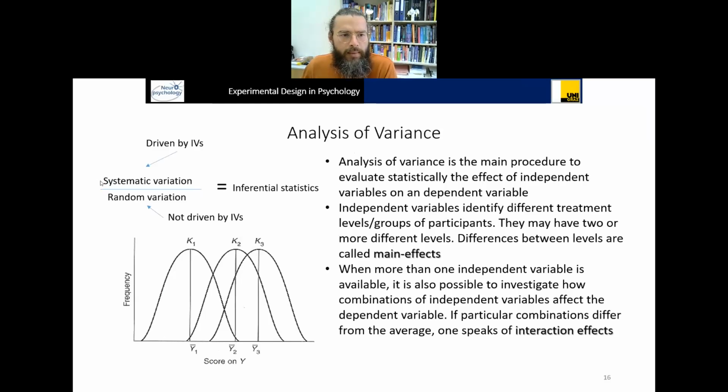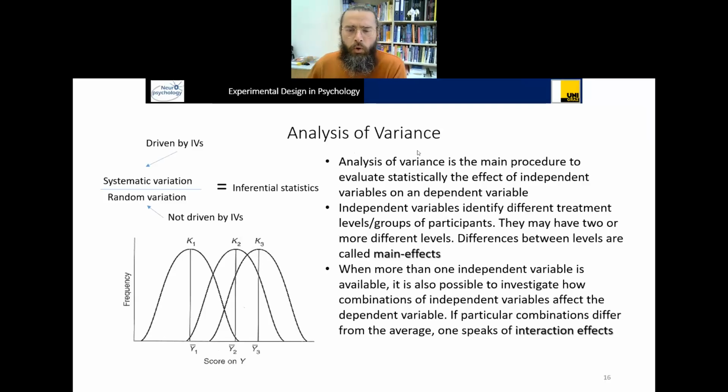Whenever the systematic variation is big enough compared to your random variation, you may conclude that there is a systematic effect of your independent variables or combinations of them over your dependent variable. But if this number is comparable or even small compared to the random variation, then you may be forced to conclude that there is no evidence in your data of any group difference.